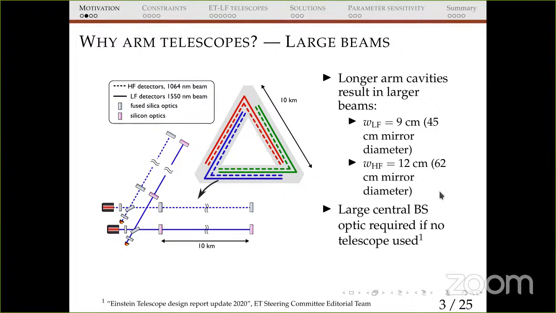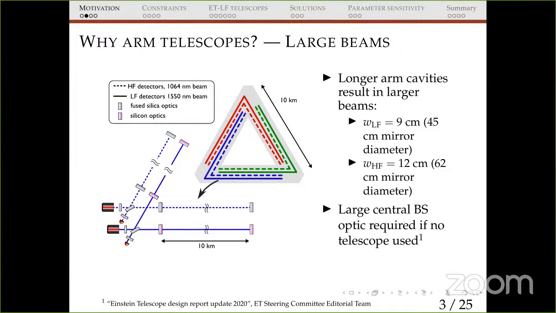Fairly obviously, if no beam expansion optics exist between the beam splitter and the ITMs, then the beam size on the beam splitter will be comparable to the beam size on the ITMs. So you effectively need a very large central beam splitter to avoid clipping losses.